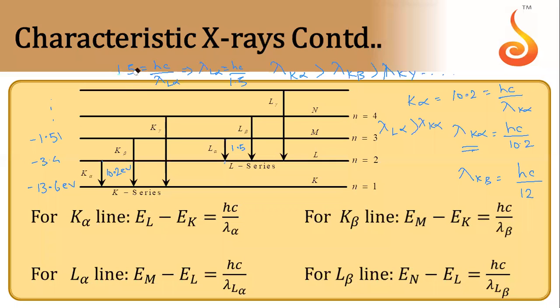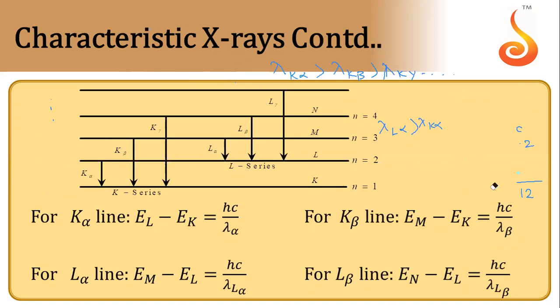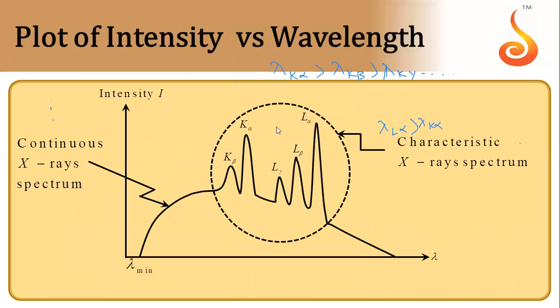Okay. Now let's find these in the curve. As we can see here, because the x-axis is wavelength, this will be the wavelength of K alpha, and this point will be the wavelength of K beta.